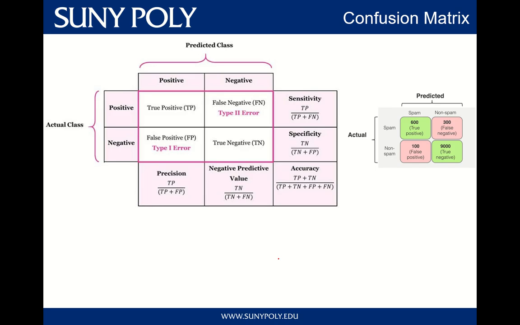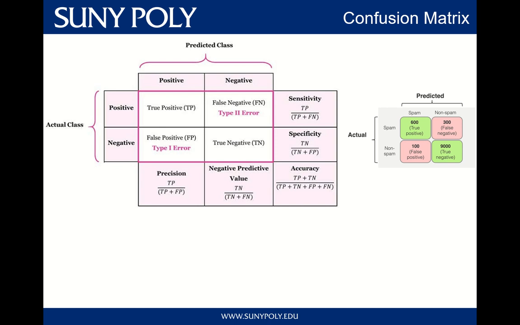All right. So once you are able to make predictions, y hats, we need to be able to measure how good our model is. In order to do so, you need to find the confusion matrix. This is the standard way to analyze the performance of a classification algorithm.